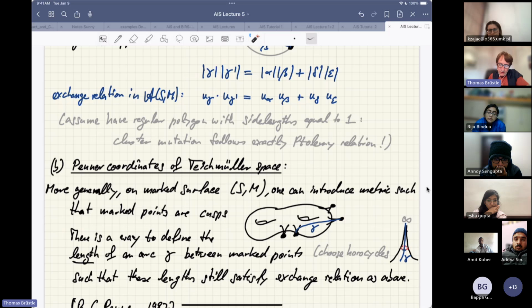The distance between two marked points is kind of infinite, and then you ask yourself, why would I create a metric where the distance is infinite? I mean, I want to measure actual length, right? And yes, when you have an arc between two marked points, the arc would approach this point at infinity at some point.